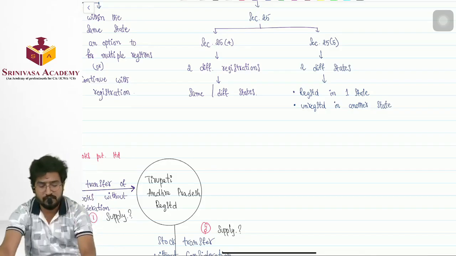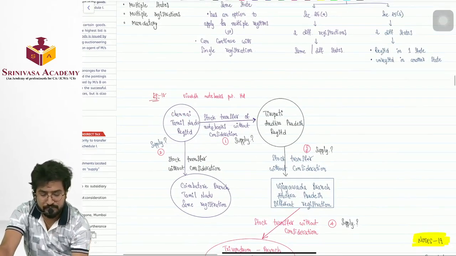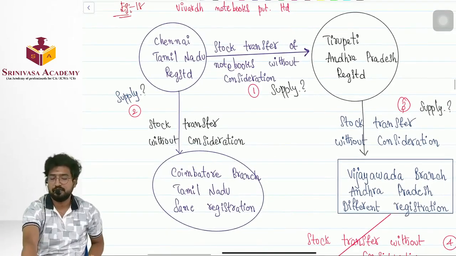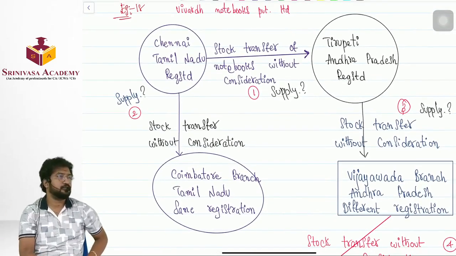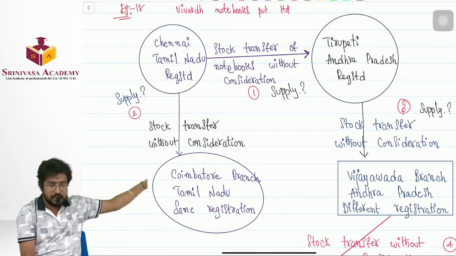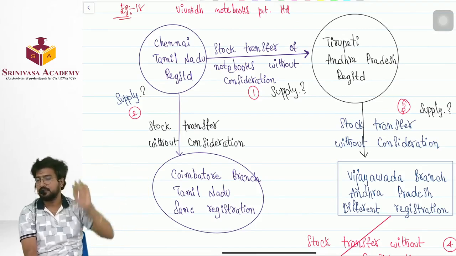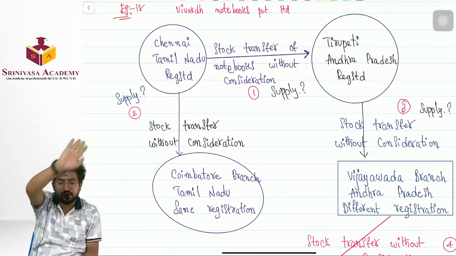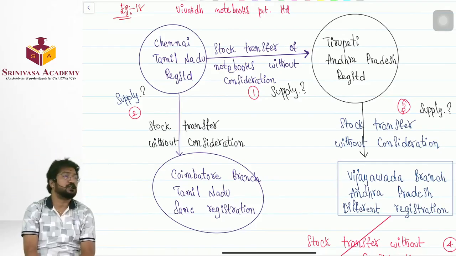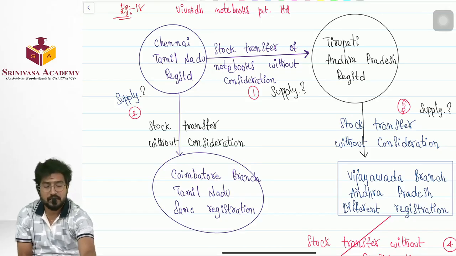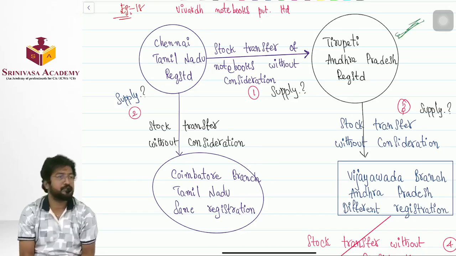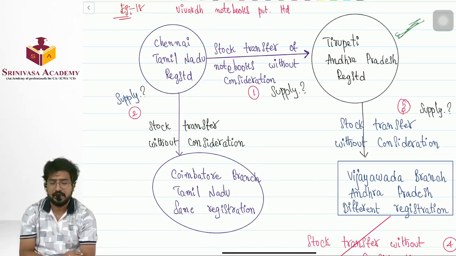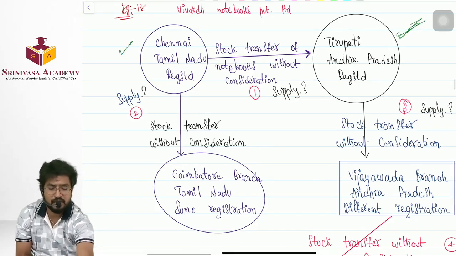Now listen carefully, look at this example. Look at this first one. It is the story of Vivar the Notebooks Private Limited. I am located in Chennai, Tamil Nadu, registered. In the first case, I am transferring stock, the notebooks, without consideration to Tirupati, Andhra Pradesh, registered. Check whether they are distinct persons or not. First, I have registration in Tamil Nadu and also in Andhra.